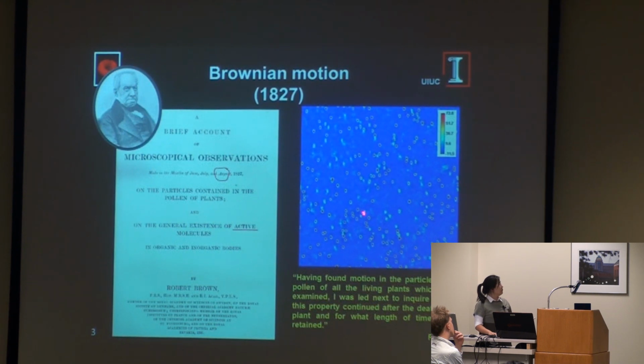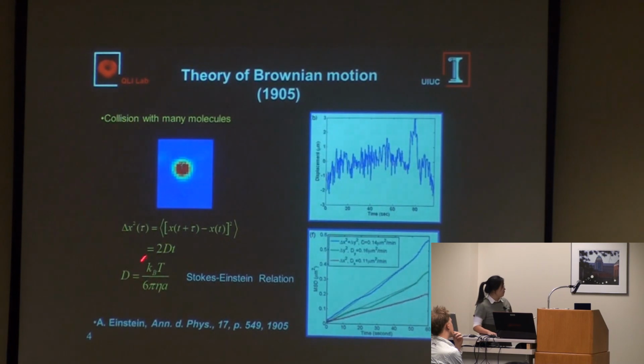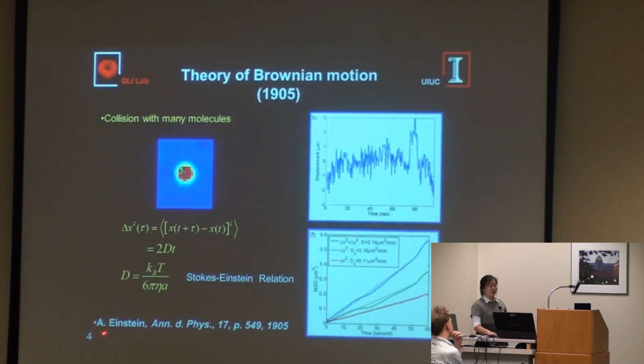So Brown first observed this phenomenon, the random motion, under the microscope and published the first paper. But the first theory was proposed by Albert Einstein, and he found that the random motion is due to the collisions with many molecules.